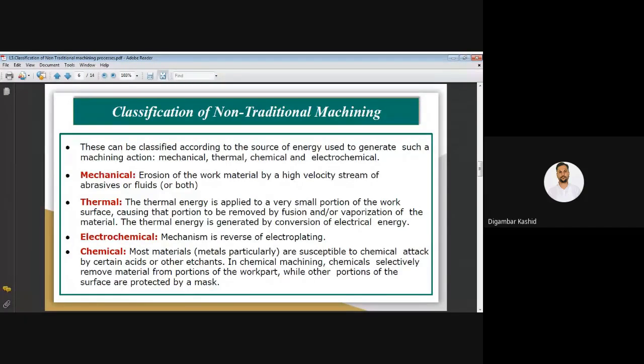Again, there are certain processes which are very good for non-magnetic materials only. So this is again a third category, based on the properties of the work material to be machined.